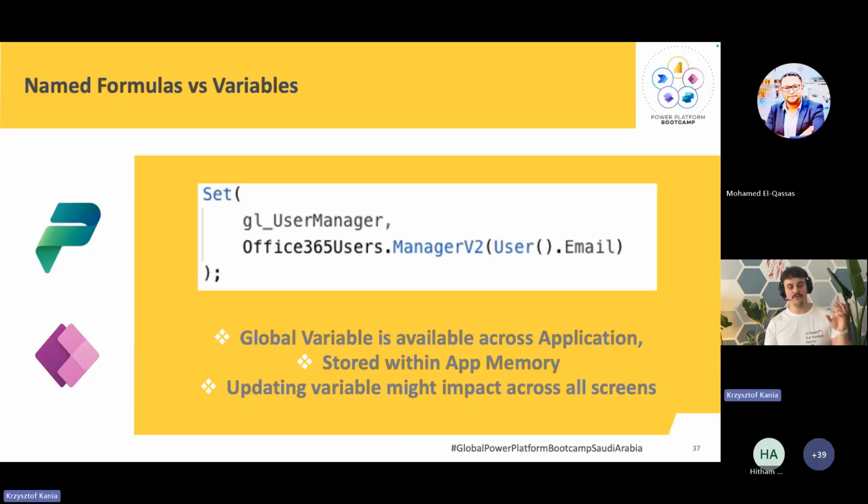So let's go through a code perspective for a second. If we set a value of a global variable, we have to write it somewhere in the code. We have to click a button or open a screen so it's being called. So we have to declare it and initialize it, call it to life. Global variables are available all across the application, but they are also always stored within our application memory.